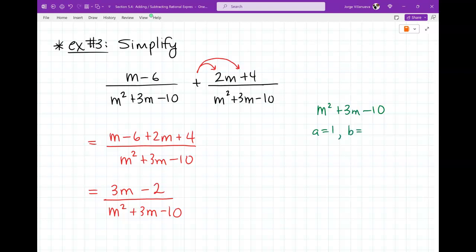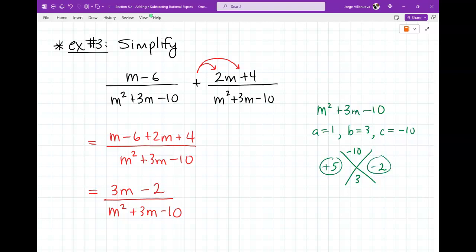B is 3. And C is negative 10. So if I do the x method here, that comes out to negative 10 and a positive 3. I need 2 numbers that multiply to negative 10, add up to 3. A 2 and a 5, which one's positive? The 5, right? 5 minus 2.